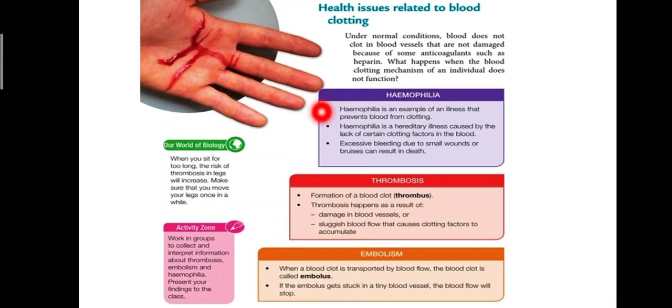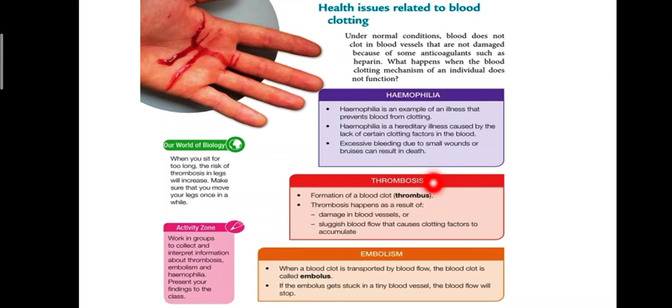Okay, hemophilia is a hereditary illness ataupun penyakit keturunan yang disebabkan oleh apa? Lack of certain clotting factors in the blood. Excessive bleeding due to small wounds or bruises can result in death. So remember, hemophilia adalah penyakit keturunan di mana pembekuan darah dia lah prevent the blood from clotting.